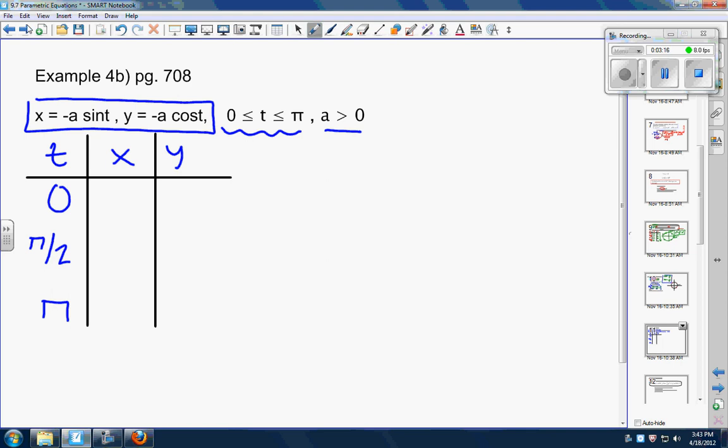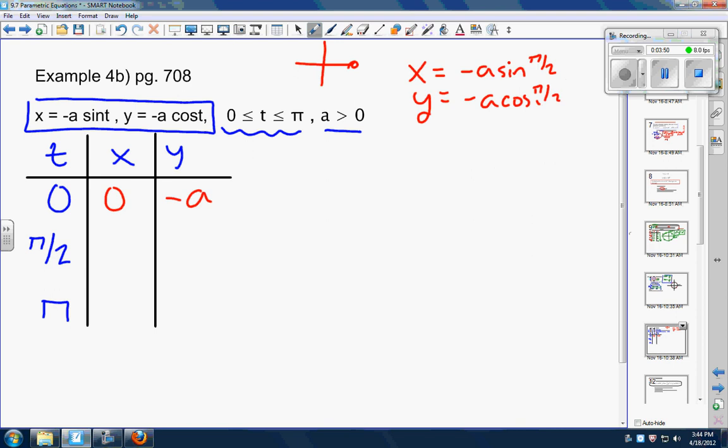Okay, so x equals a negative a times the sine of 0. Sine of 0 is 0, so that has to go to 0. Y equals a negative a times cosine of 0. Cosine of 0 is 1, so this has to be negative a down here. We do the same thing again, plugging in a pi over 2.